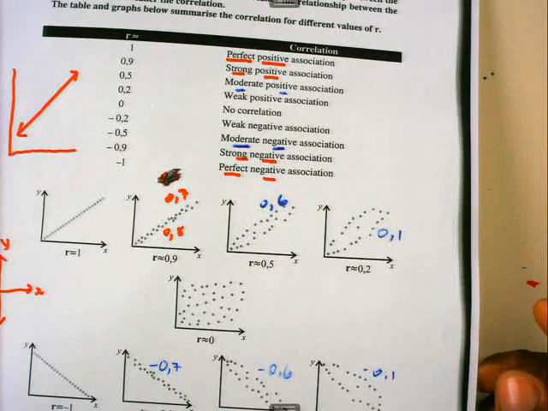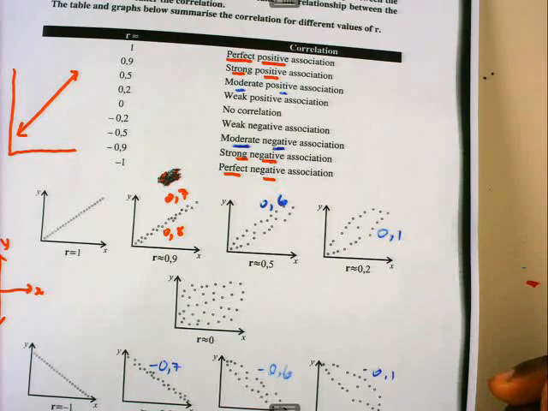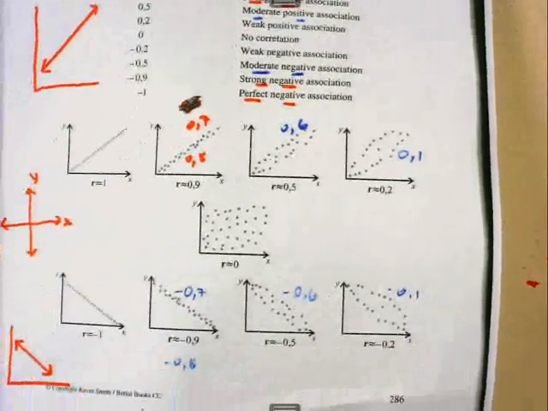When is it no correlation? When is it perfect, whether negative or positive? When is it strong? When is it weak, whether positive or negative? Please remember that it's very important. It is always two ways, either negative or positive, and then you say whether it is strong, weak, moderate, or whatever. But those two ways are very important to explain the correlation coefficient.